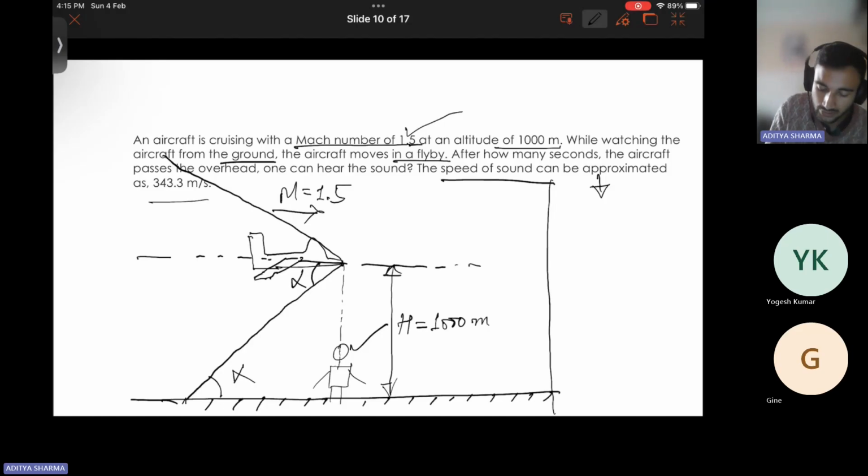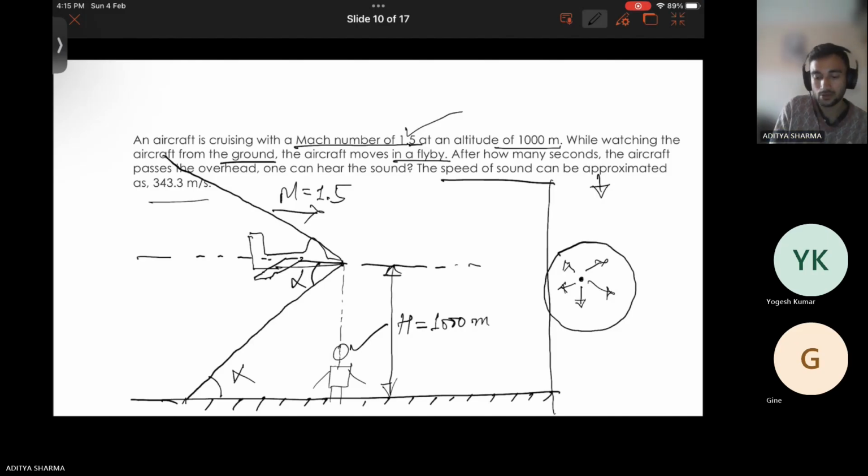If there is a pressure disturbance at this point, it will propagate in all directions, in the form of a sphere. For representation, I'll just draw a circle here. With passage of time, the circle will increase.